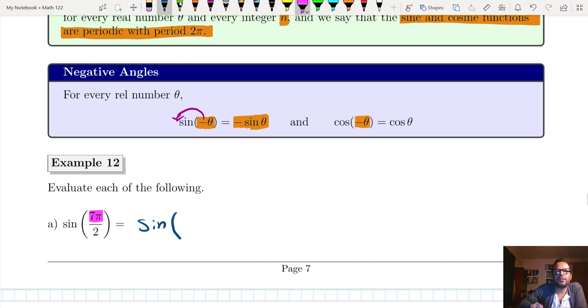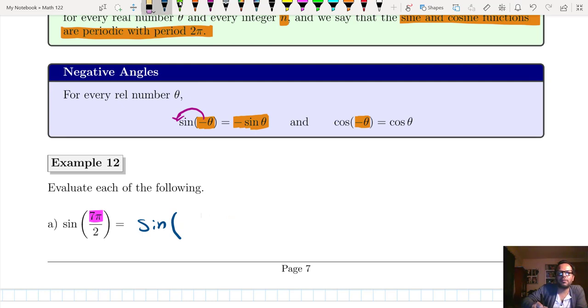There are many ways I can break up this 7 pi. Maybe 2 pi plus 5 pi, right? That's one way, and then divide by 2. But 2 pi divided by 2 is not going to give me a 2 pi. I need to break this up in a way that I get a 2 pi as one of my terms.